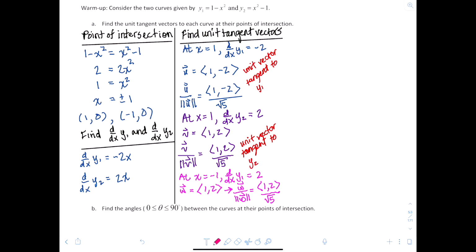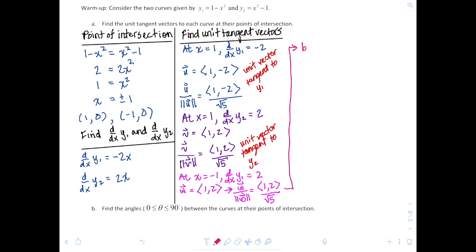All right, and then lastly, if we go up here and call this one, gosh, I don't know, vector, I don't want to call it R because we've been using R. Call it vector B, I don't know.